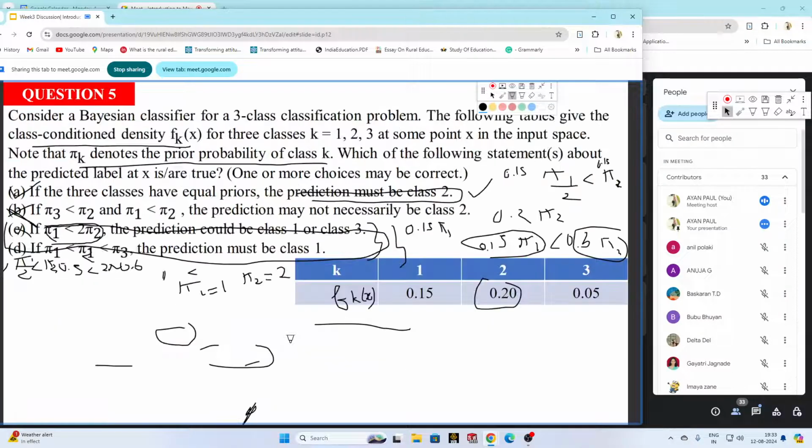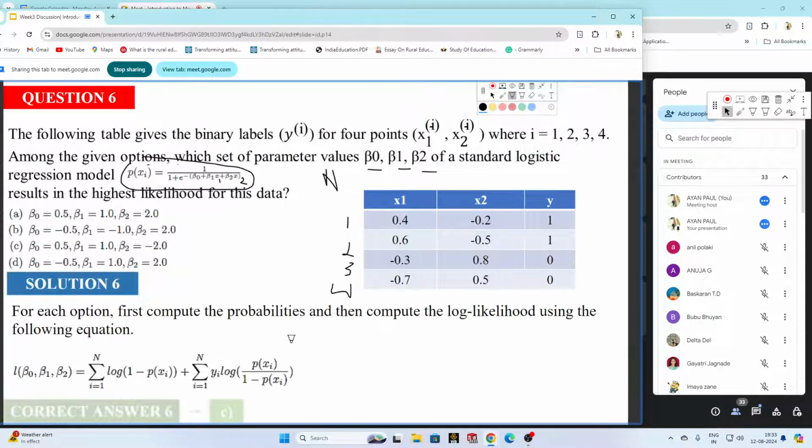So whenever we take this log, the equation changes to this form: sigma yi log p(xi) plus sigma 1 minus yi log of 1 minus p(xi). Again, we have to find beta such that our log likelihood function is maximum.